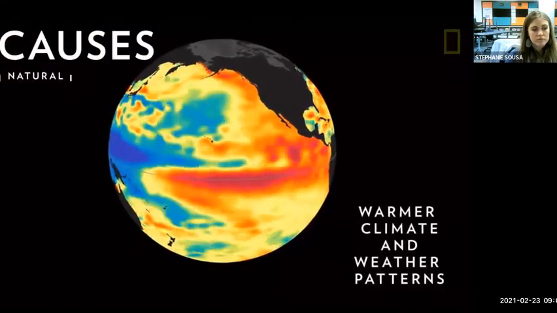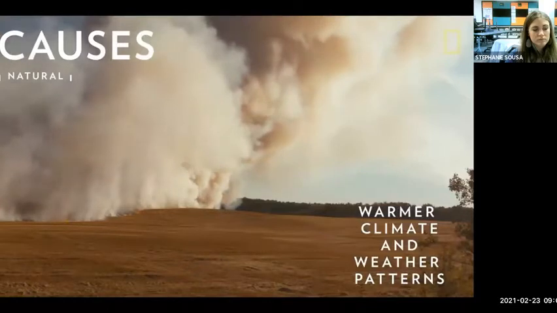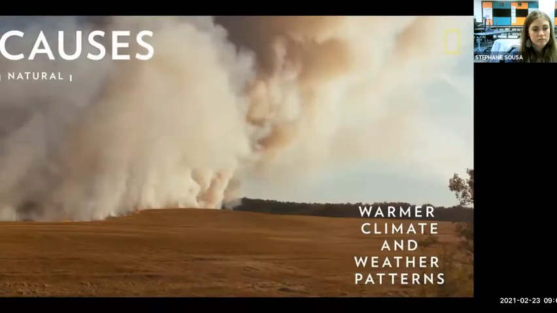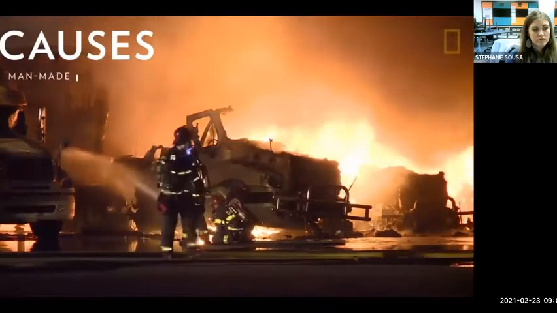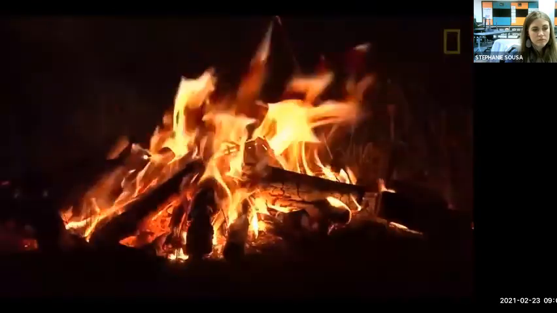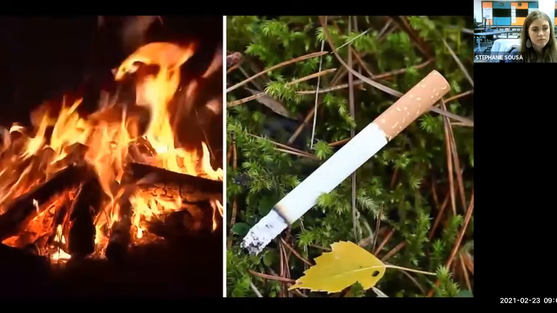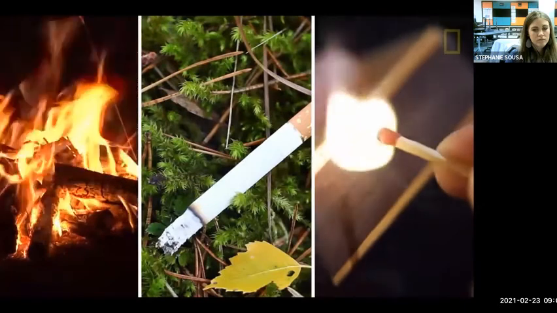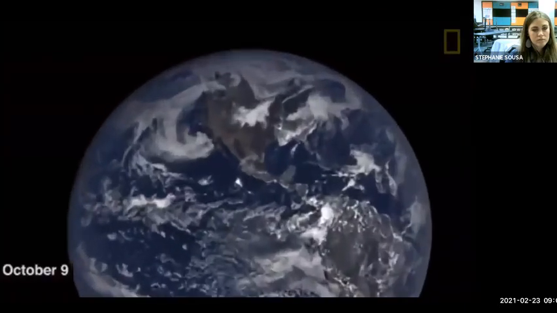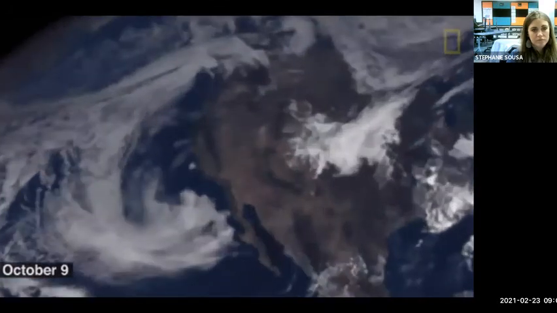A warmer climate and weather patterns like El Niño can create the hot, dry conditions necessary for fires to erupt. However, about 90% of wildfires are caused by human activity, such as campfires that become uncontrollable, improperly handled cigarettes, or arson. Although wildfires occur worldwide, they are most common in the western United States.